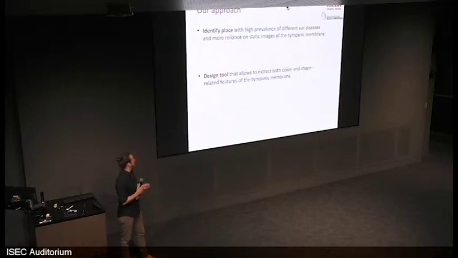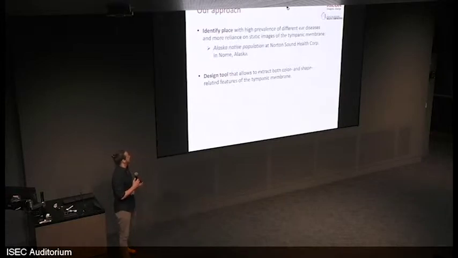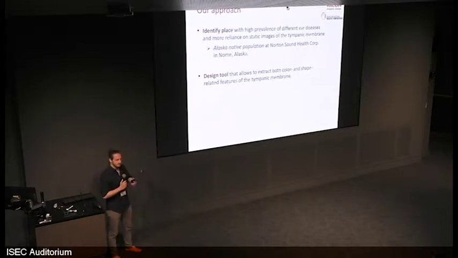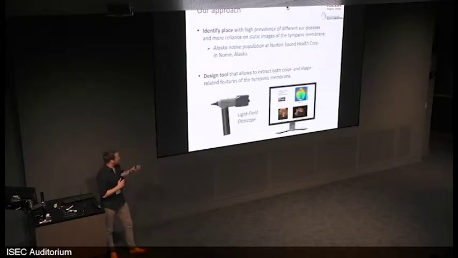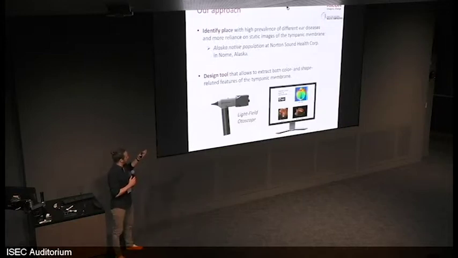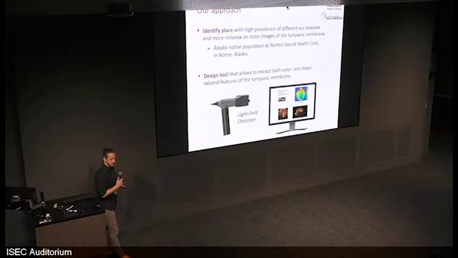That place was found in Alaska, because we found the Alaska Native population has a lot of ear infections. And the tool we use is a light field otoscope, which is designed by RICO, and is a camera capable of producing the 2D image and also the 3D reconstruction from a single shot.